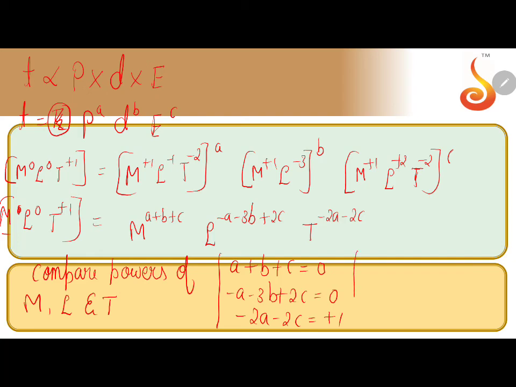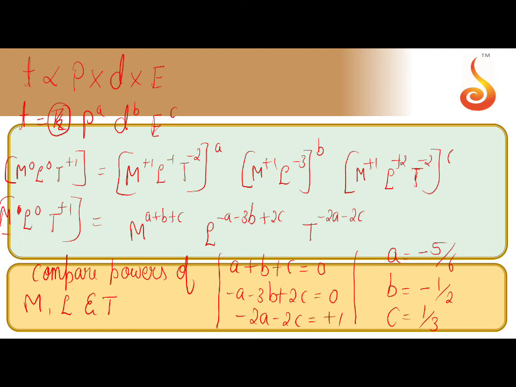Now if you solve these simultaneous equations, the answer that you get here is a is equal to minus 5 by 6, b is equal to minus 1 by 2, and c is equal to 1 by 3. These are the answers that you are going to get.